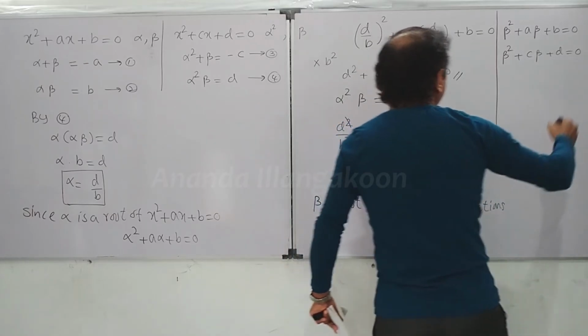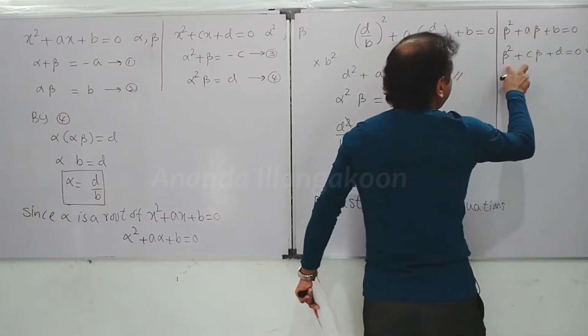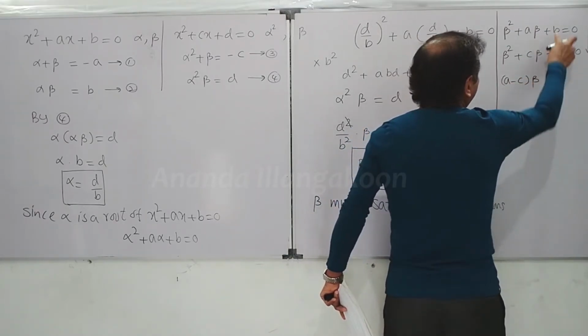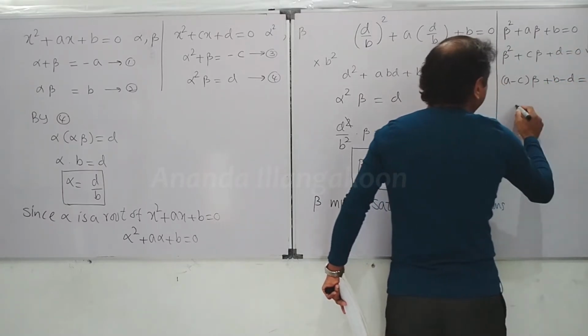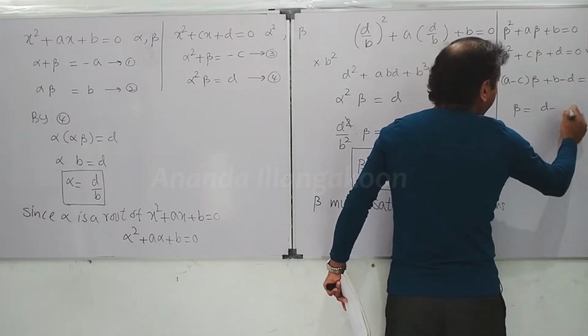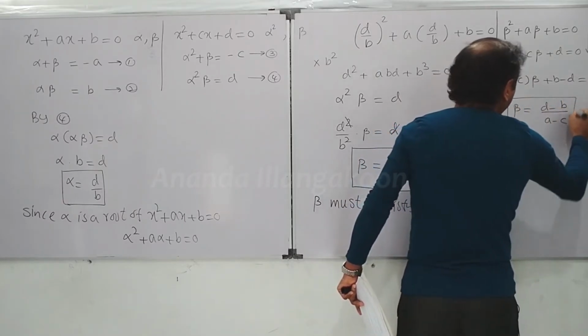Now by subtracting these two equations, beta squared will cancel off, then we get (a minus c) times beta plus (b minus d) equals 0. By this I can solve, beta equals d minus b divided by a minus c.